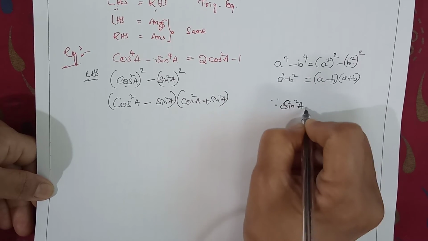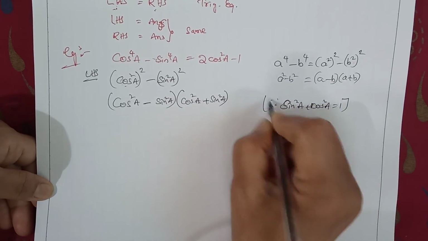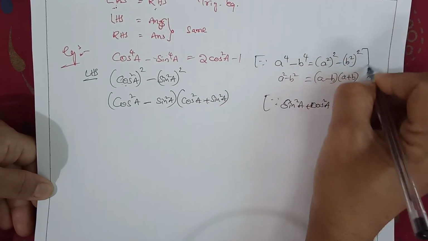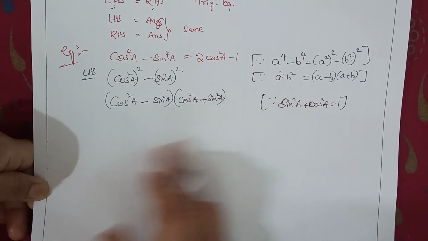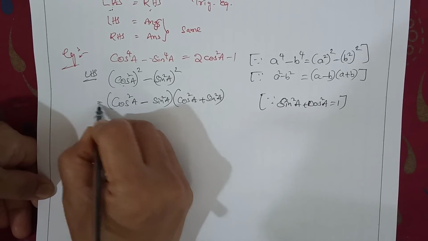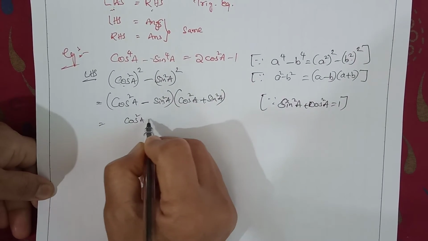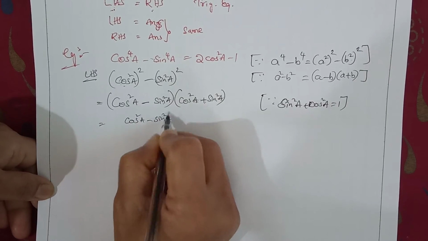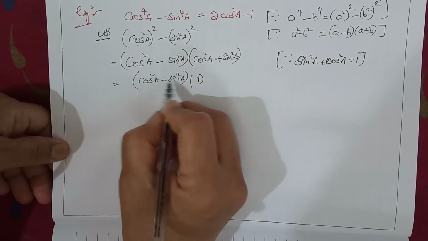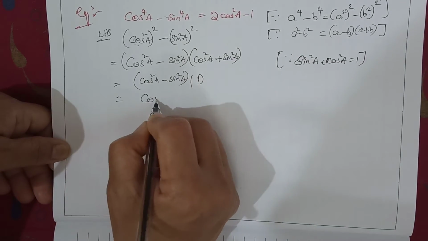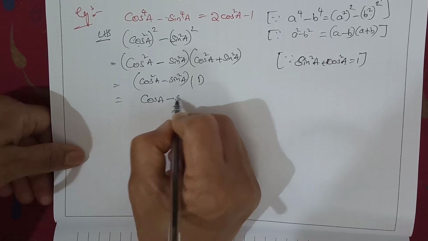Sin square A plus cos square A is equal to 1. These are the reasons we are applying, how we are getting; you have to write them, children. So now cos square A minus sin square A will be as it is, because this value is 1.